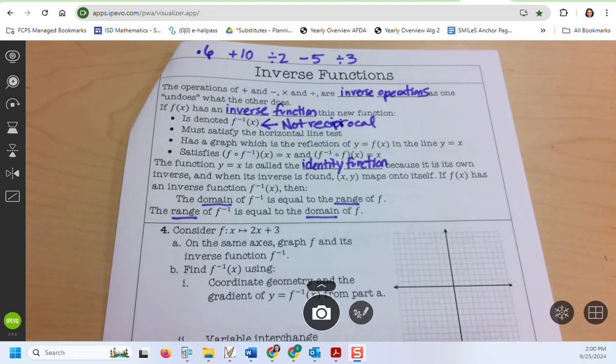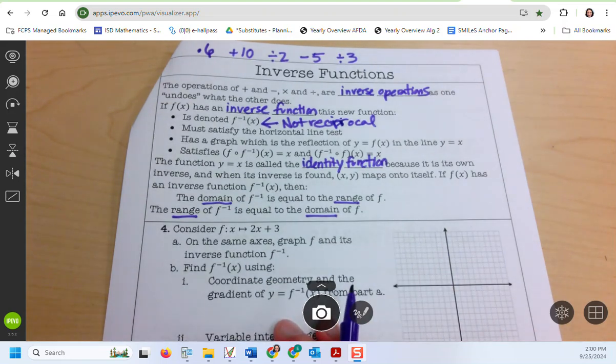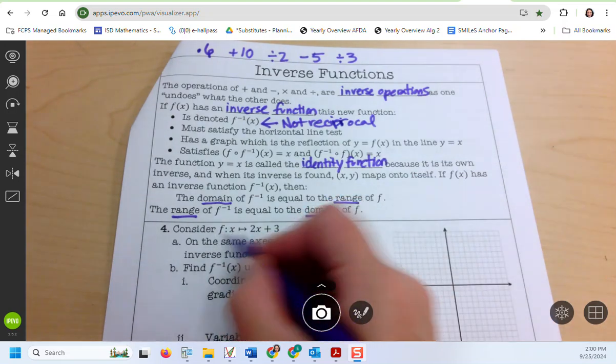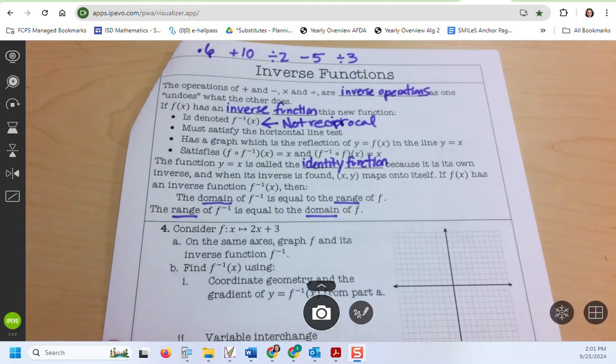All right, so we're going to actually start by graphing this one. Just y equals 2x plus 3. How do I graph y equals 2x plus 3 without making a table of values? Where do I start? At the y-intercept, which is how much? 3.